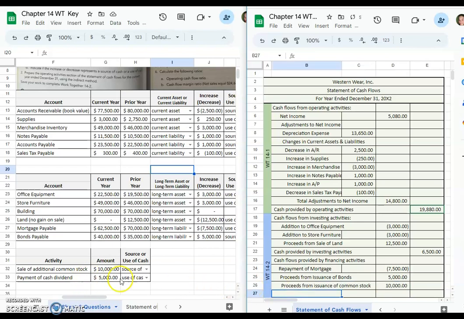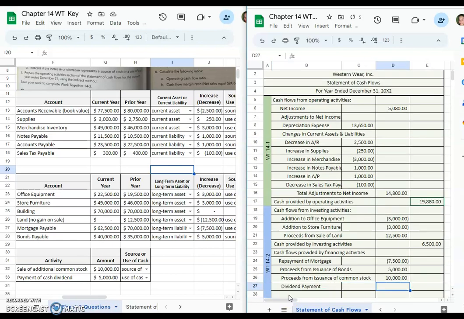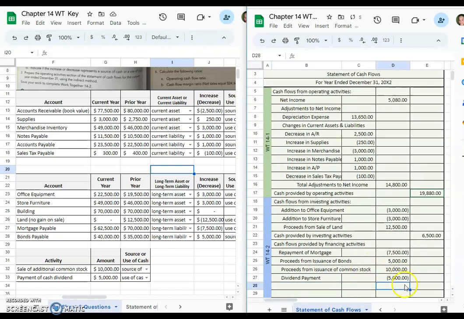And then we paid a dividend. So we'll call that a payment, or just dividend payment maybe. Okay. And that is a use of cash, so a negative number for $5,000.